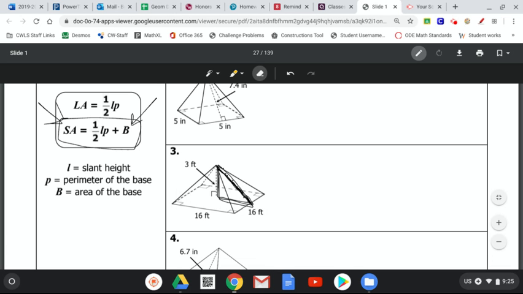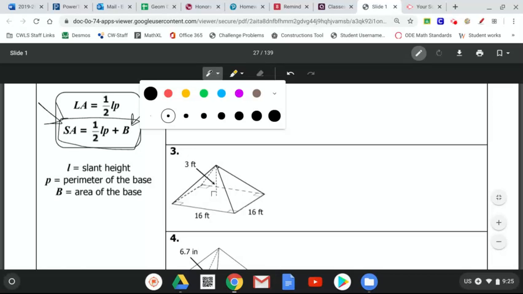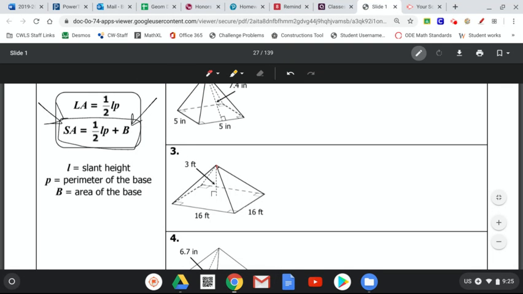I'm going to outline that better one more time, just so we can all see that. Let's change colors here. So right there and right there. And the hypotenuse of this right triangle is going to be our slant height. So that's going to be our L. That's what we need. If we're climbing up the pyramid, that's the slant height. That's the height we're going to figure out.